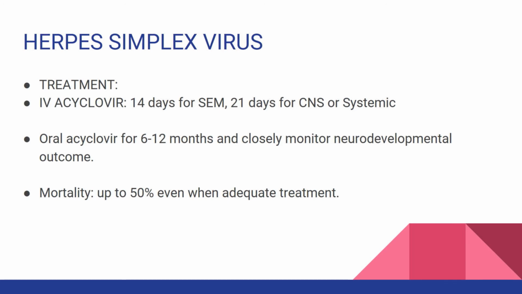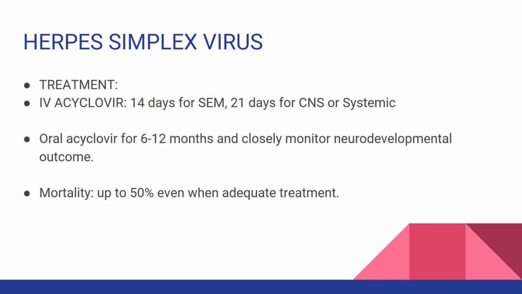The mortality rate for herpes simplex virus infection is actually very high. It is between 30 to 50%, even with adequate treatment. So it is a very virulent infection, and this mortality is comparable to Ebola.